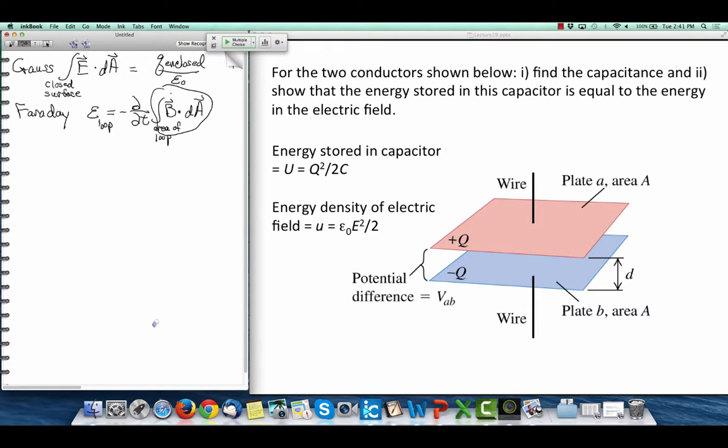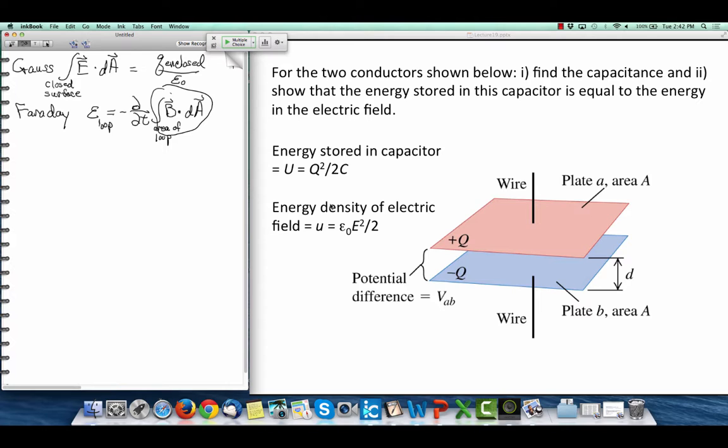I wanted to step back and say something about capacitors and energy storage, something that the book talks a little bit about, which I'm sure that you can deal with and make sense of. The book shows you that the energy stored in a capacitor is Q squared over 2C.